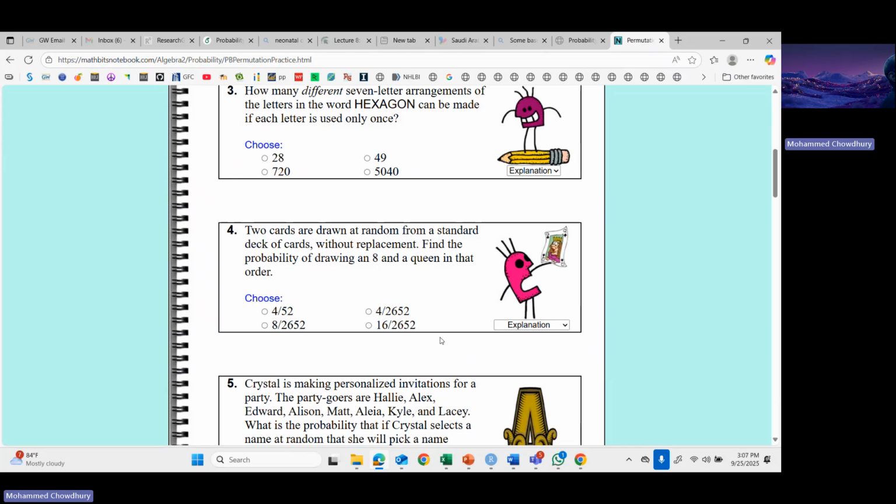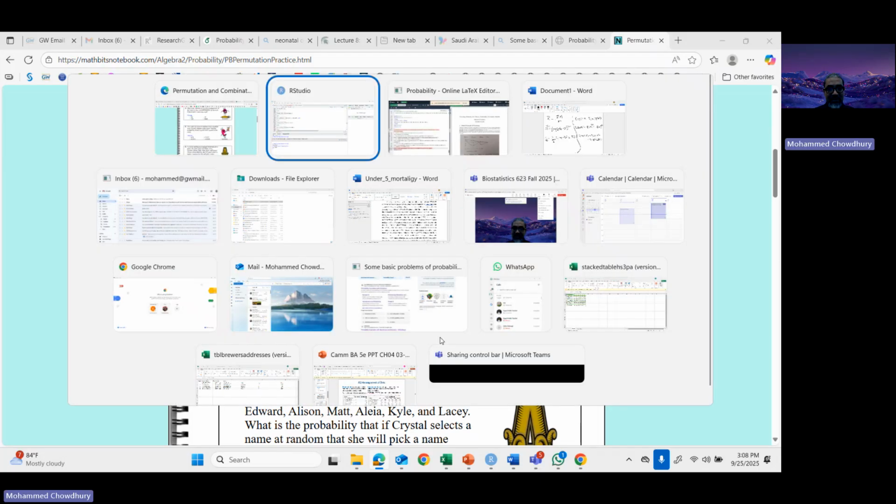Each of them has an ace, king, queen, jack, and numbers 2 to 10. So this is 13. Okay, let me write it here.